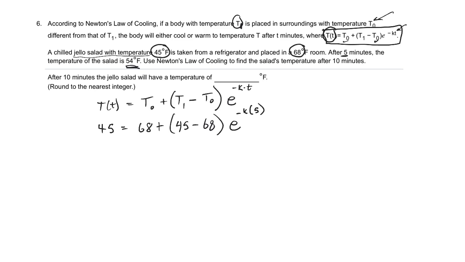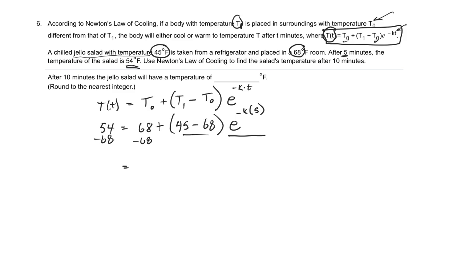Okay, so now I'll solve this equation. I want to isolate this part so I can get at that k, but I'll first have to subtract 68 off both sides. So this would be negative 14 is equal to negative 23 e to the negative k times 5. Oh, did I put that number in right? This number over here is supposed to be 54. I might have said 54 and I wrote it wrong.